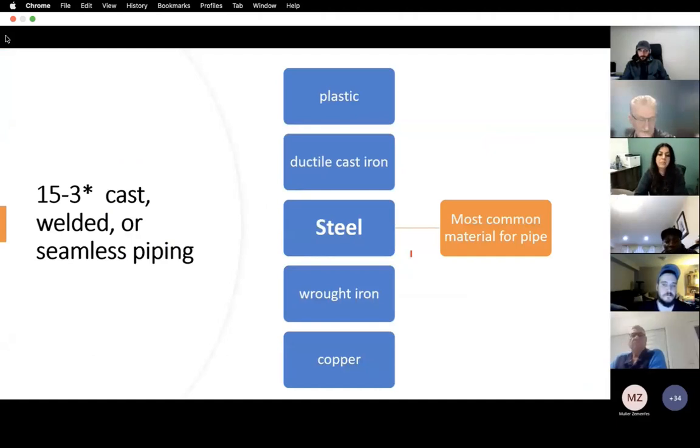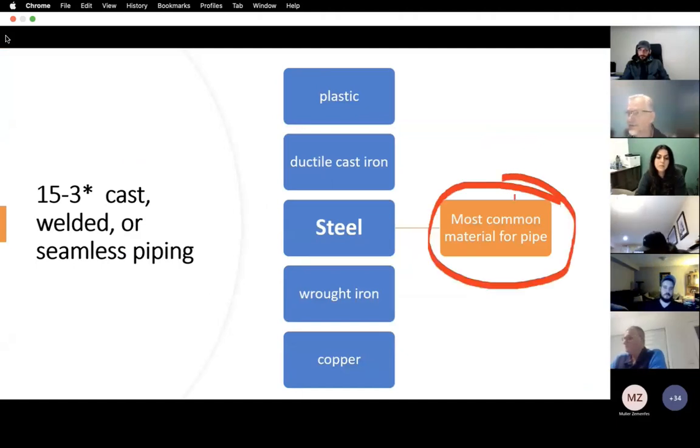So this already is a quick review of chapter 15. What is the most common material for pipe that we're going to see? Steel. Some kind of steel. There are all kinds of steel. What kind of steel is most common? It's piping made out of steel. Okay.